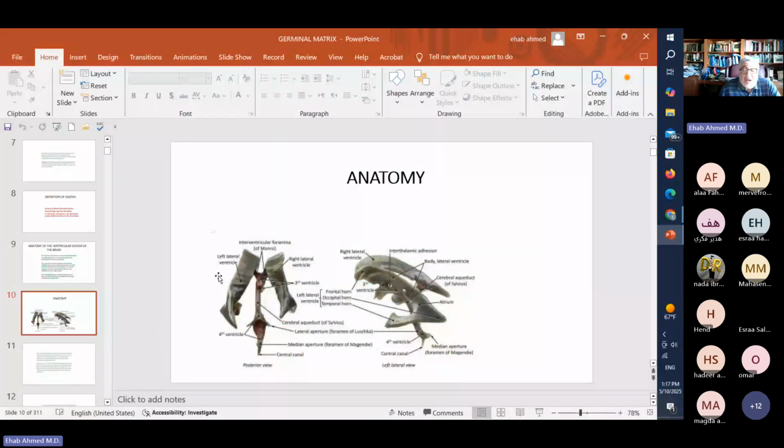This picture shows you the parasagittal and coronal sections of the brain, and it shows you the lateral ventricles, and then the third ventricle, and then comes the fourth ventricle, and the connections between them, and the structure of each. Like the lateral ventricles have frontal horn, occipital horn, body, and I will send you this presentation to know in details the structures.